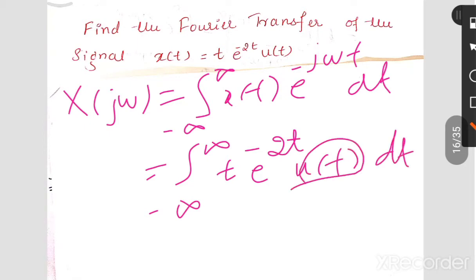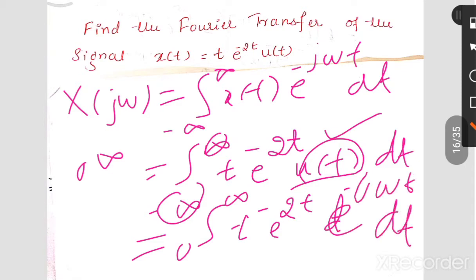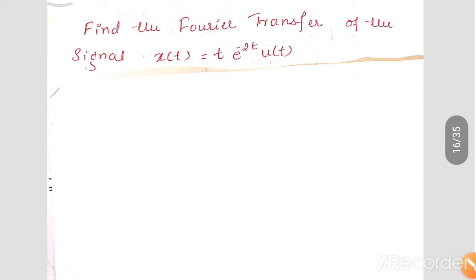Now this limit has to be decided by u of t. u of t means from 0 to plus infinity. Therefore it should be integration of 0 to infinity of t into e raised to minus 2t into e raised to minus j omega t into dt. Now simplify this term.